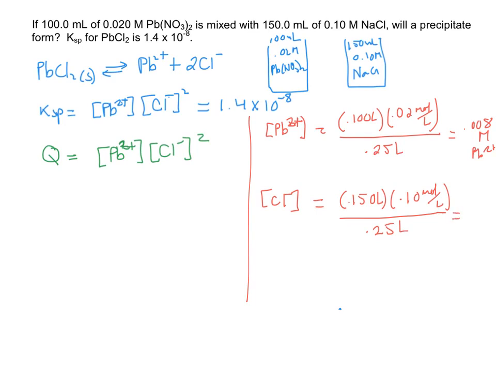And so the concentration of the Cl- is 0.060 molar Cl-. So these are the concentrations of the Cl- and the Pb2+ when you mix the two solutions together. So I'm going to plug these into my Q expression.